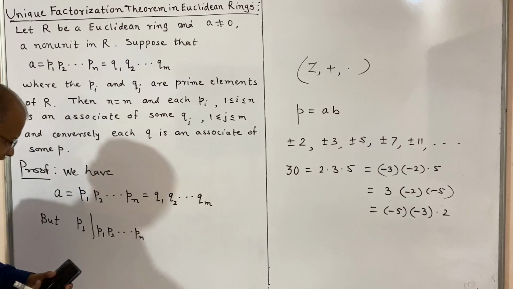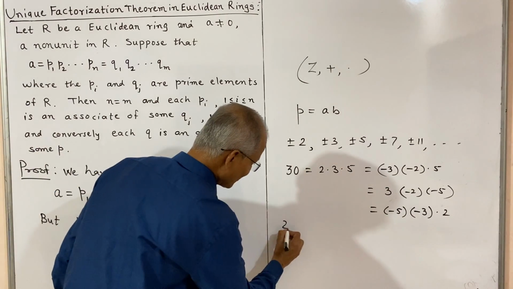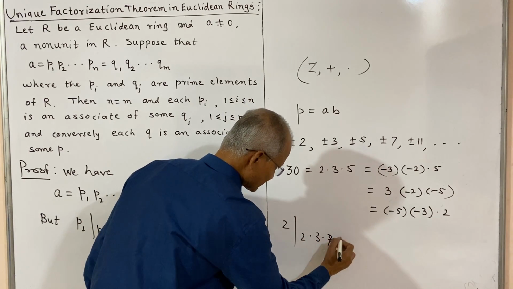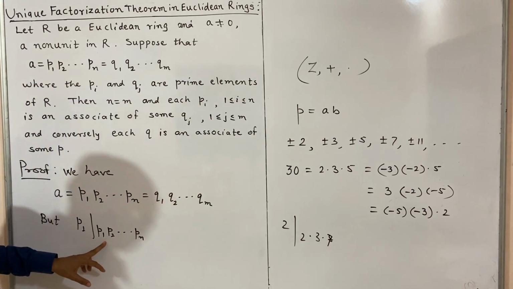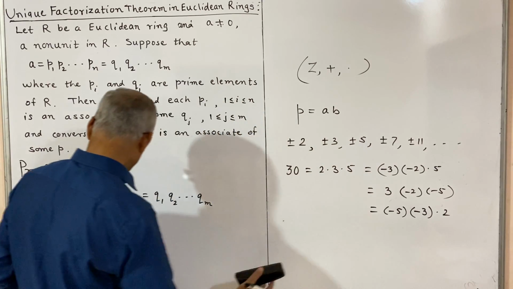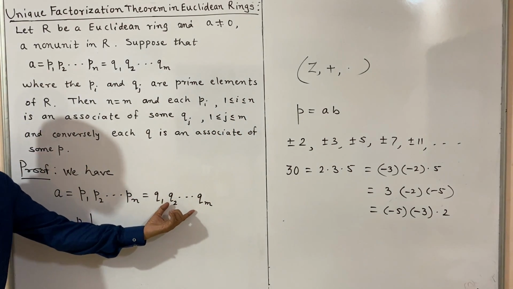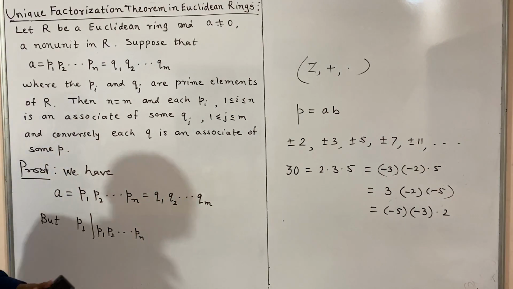It is obvious because it is a factor here, just as 2 divides 2 into any product. Therefore P1 divides this expression, and since this is equal to Q1, Q2 up to Qm, P1 divides this side also.